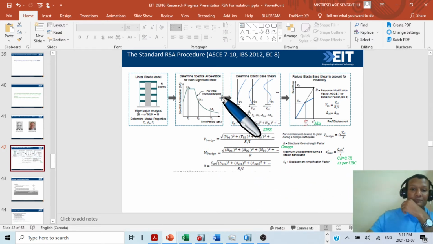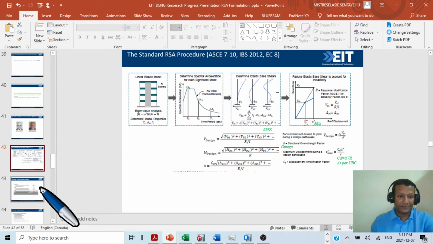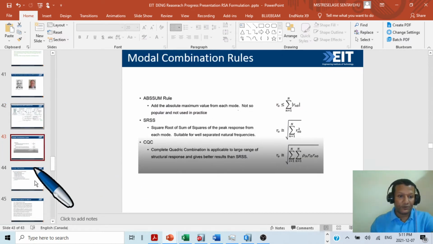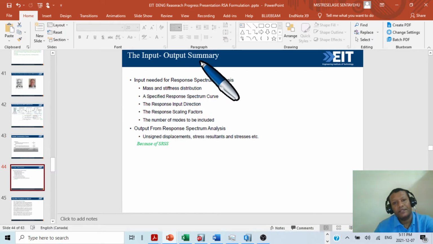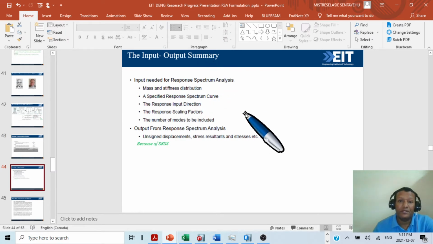So this is a general procedure for code-based response spectra. I already discussed this. The input and output summary. Input needed in the response spectrum analysis: mass and stiffness distribution, a simplified response spectrum curve, the response input direction, the response scaling factor, the number of modes to be included.